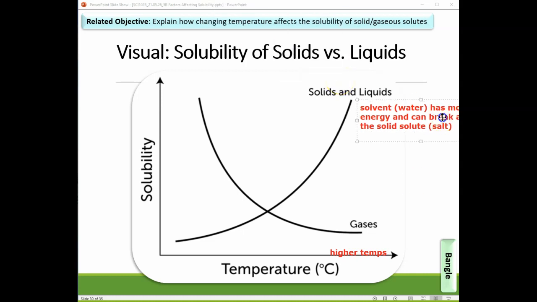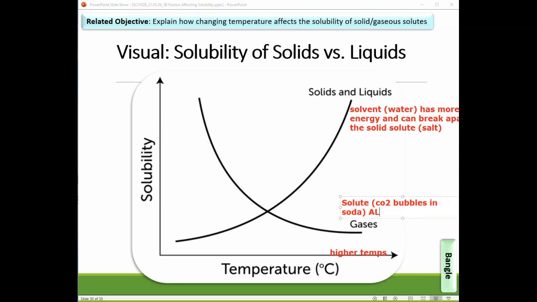On the other hand, all right, when you're dissolving gases, yes, the solvent does have more energy, but the solute also has more energy, right? So the solute, in this case, like our CO2 bubbles in soda, soda would be the solvent, also has more energy.